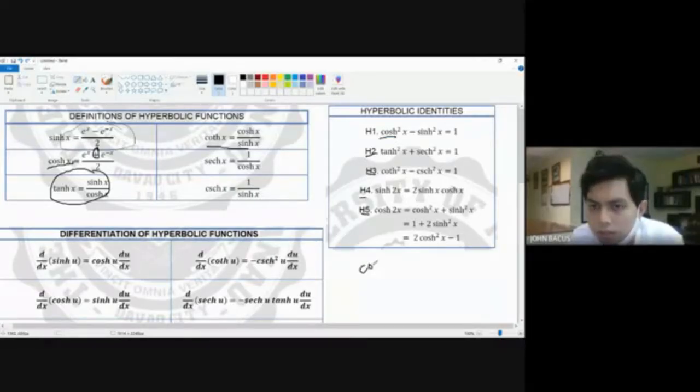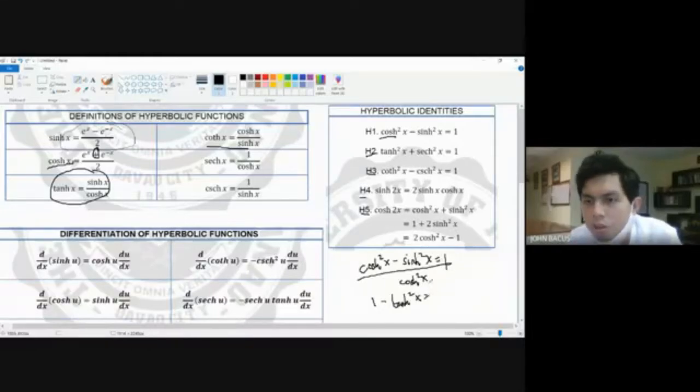H2 is obtained by dividing everything by cos h squared x. So cos over cos is 1, minus tan h squared x is equal to 1 over cos h squared x, and 1 over cos h is secant h.